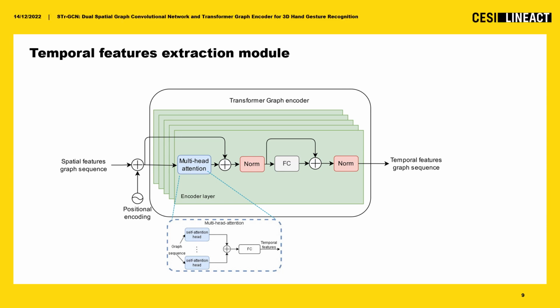The Transformer encoder is composed of multiple identical encoder layers stacked together, with each one feeding its output to the next. Each encoder layer applies two operations: multi-head attention and a simple fully connected feed-forward network.